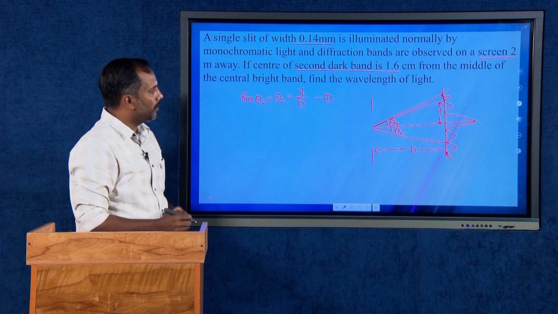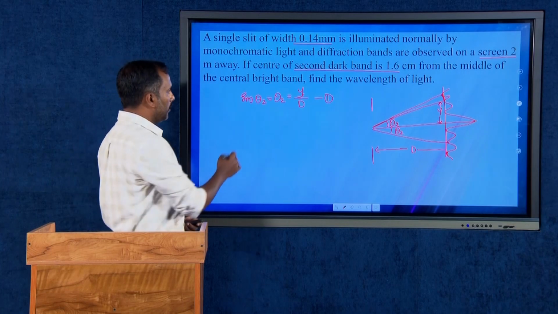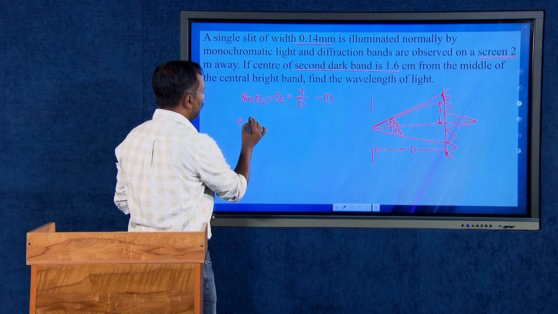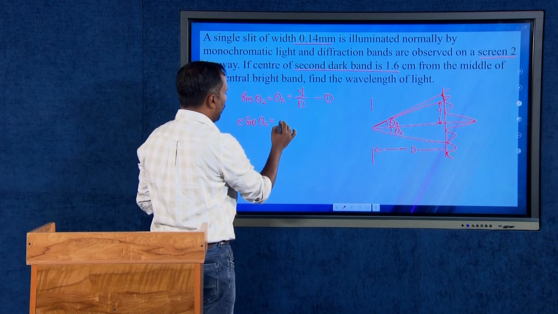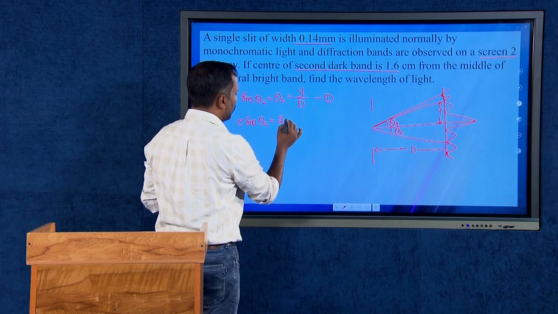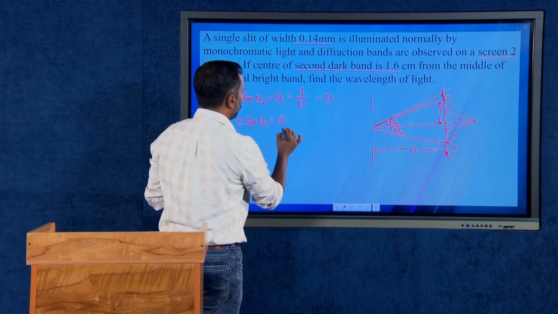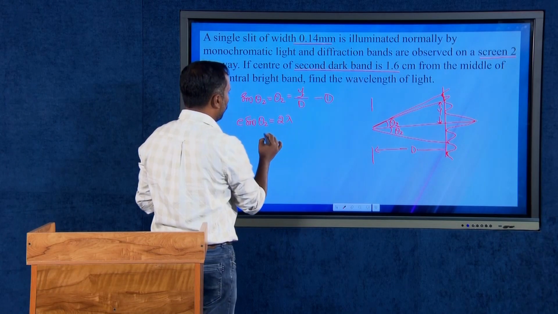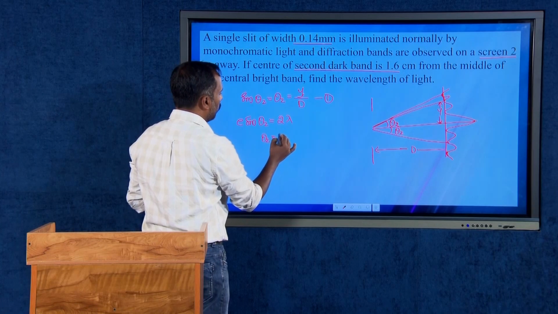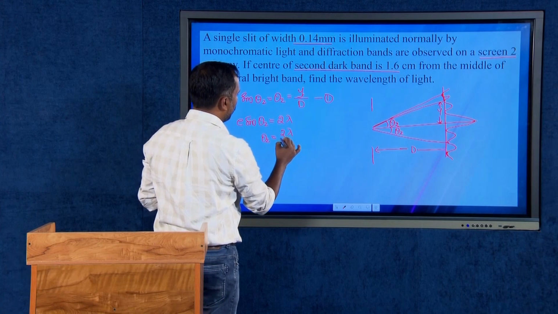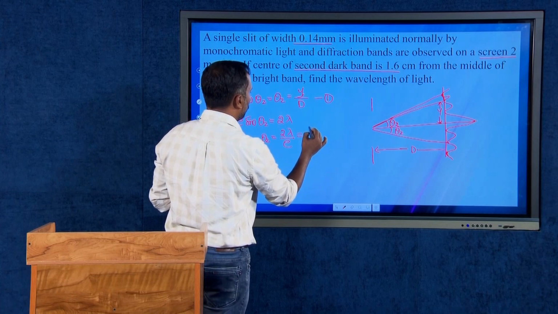Similarly, we are finding the condition for the second secondary minima. Therefore, that is the condition here, e sin theta 2 is equal to plus or minus m lambda, and for the second secondary minima, that will be 2 lambda. Therefore, sin theta 2, approximately equal to theta 2, will be giving you 2 lambda divided by e, and this will be equation number 1.